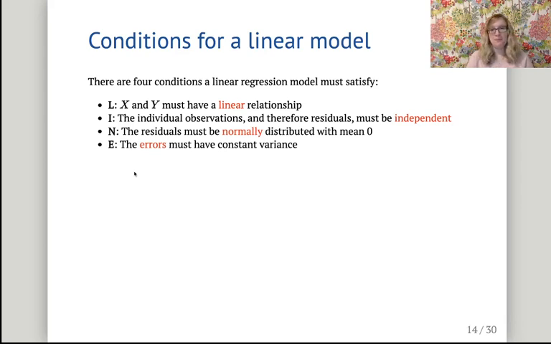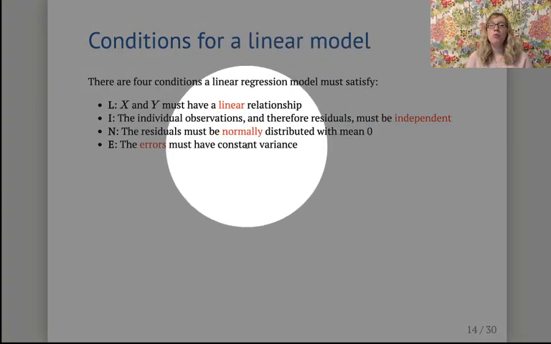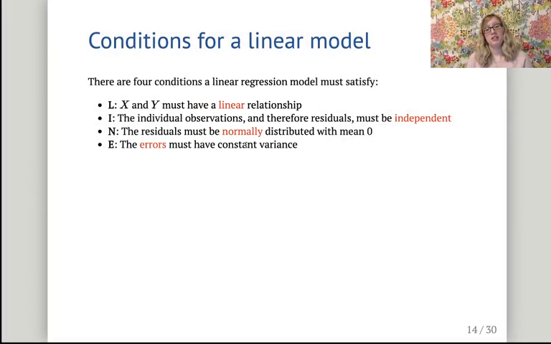They should not be related to one another. Third assumption, the residuals must be normally distributed, so we want them to not only average out to 0, but we want them to be normally distributed. So most of the residuals should be small, should be close to 0. A few will be on the outside of that bell curve. And then finally, we want those errors to have a constant variance. We don't want the variability of the errors to be increasing or decreasing. We'd like it to stay the same.